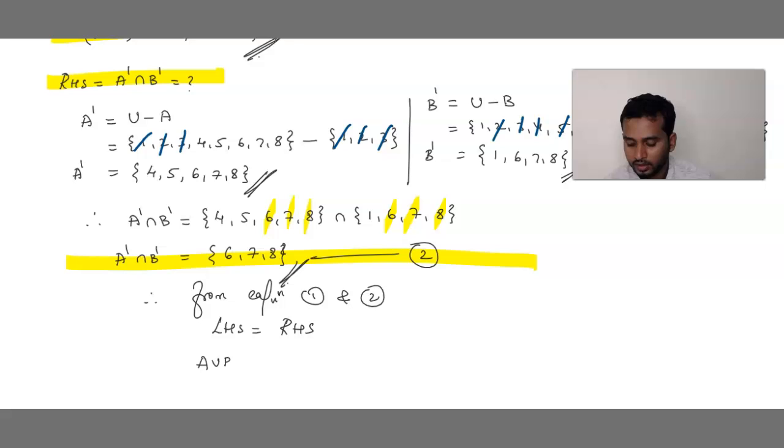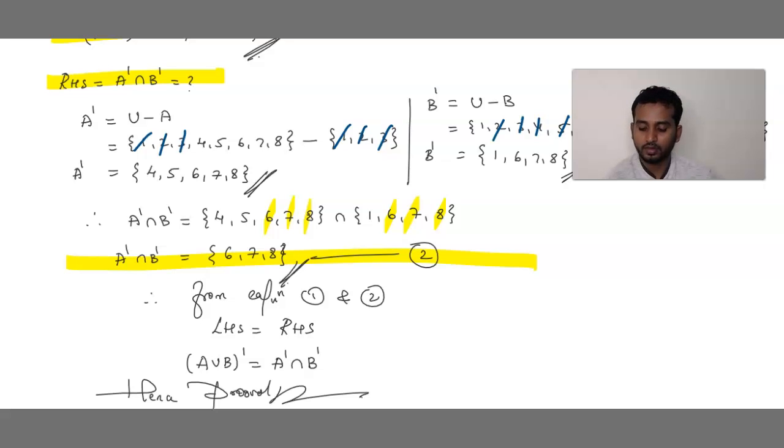That is nothing but A union B whole transpose is equals to A transpose intersection B transpose. Hence, proved. I hope you all have understood this problem.